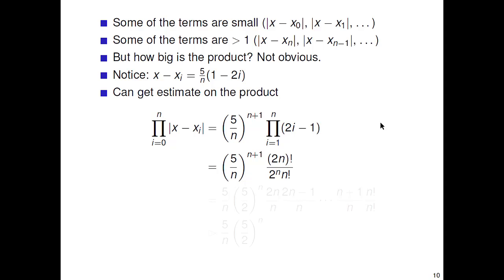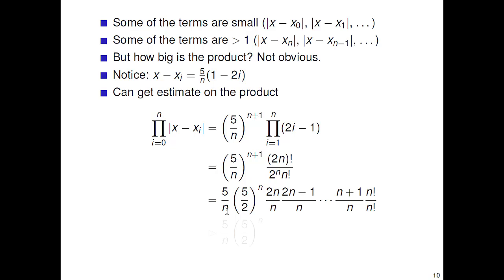All right, let's see if we can simplify this. I'm going to rearrange things a little bit. So I'm going to have a whole bunch of n sitting here. I have n plus 1 of them. I'm going to move n of them into my denominators here. So these are 1, 2, up to n of them.